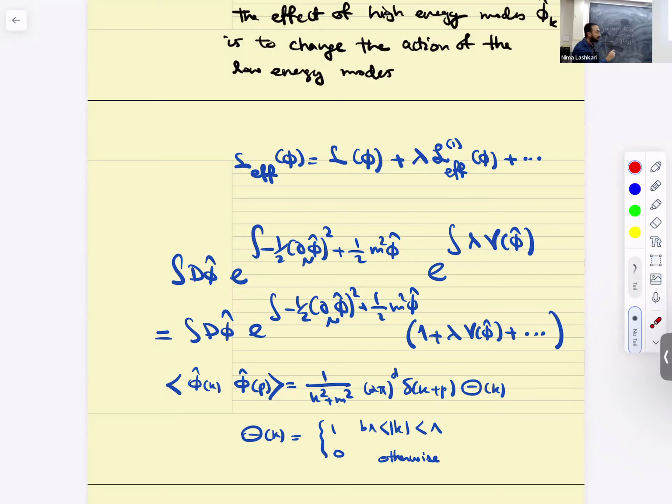As a function of k, it's only supported between lambda and that, and it's zero elsewhere, right? Because that's the range of momentum. Yeah, I had the definition down here. All right, so it's clear. That's the 2-point function, and you have to do perturbation.